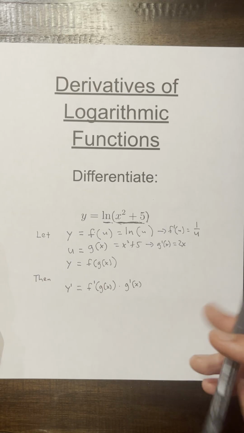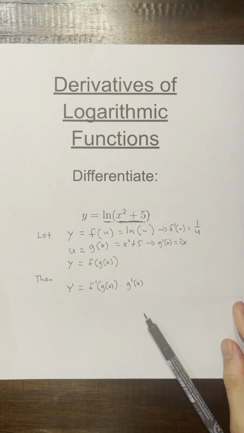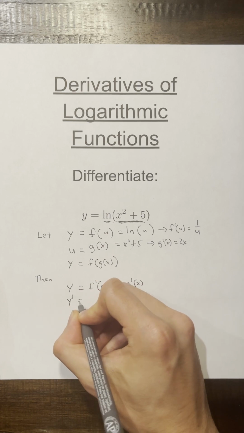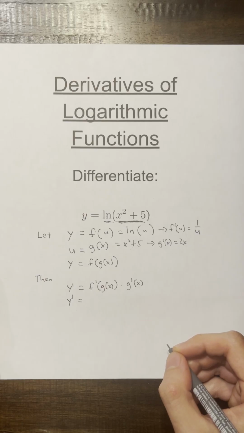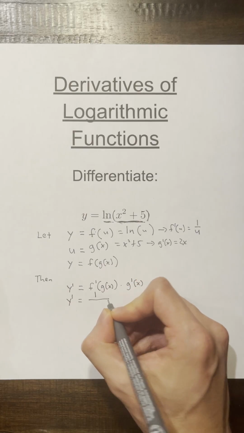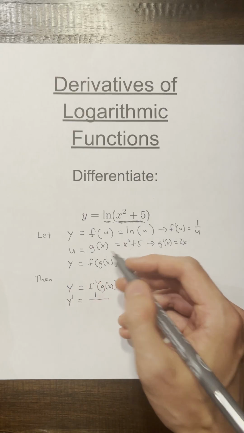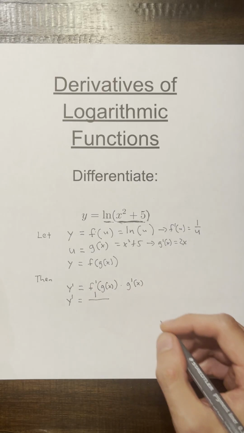I'll give you a second to pause the video and plug them into this equation. Okay, what did you get? You should have gotten y prime is equal to f prime. So that was what again? Right here, f prime, 1 over u, and u was g of x, right here.